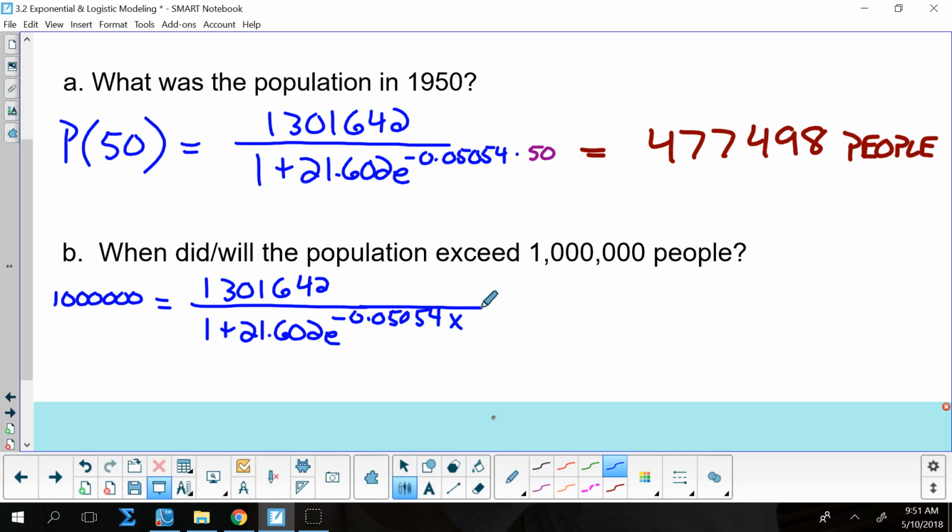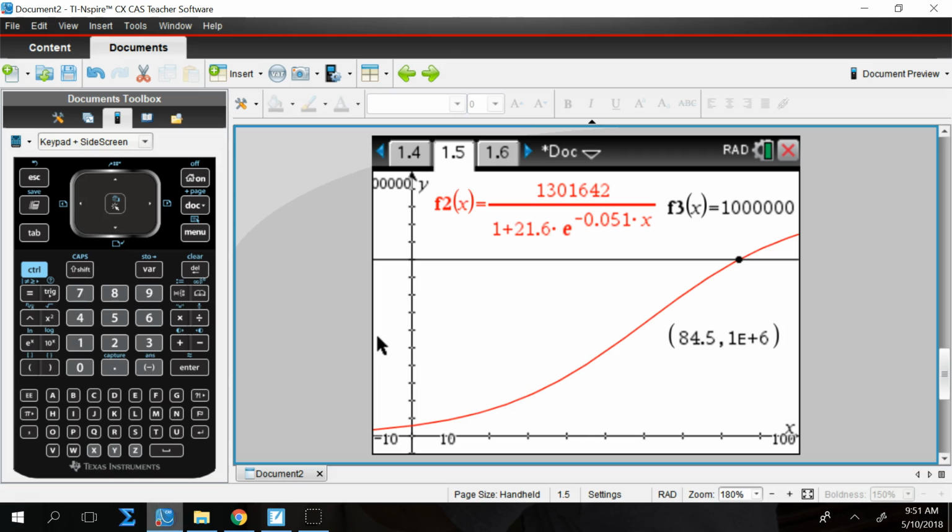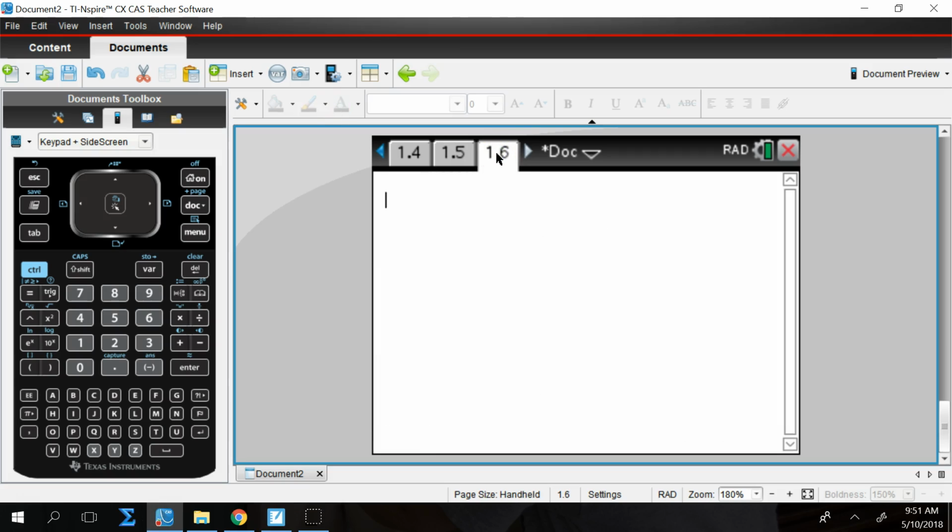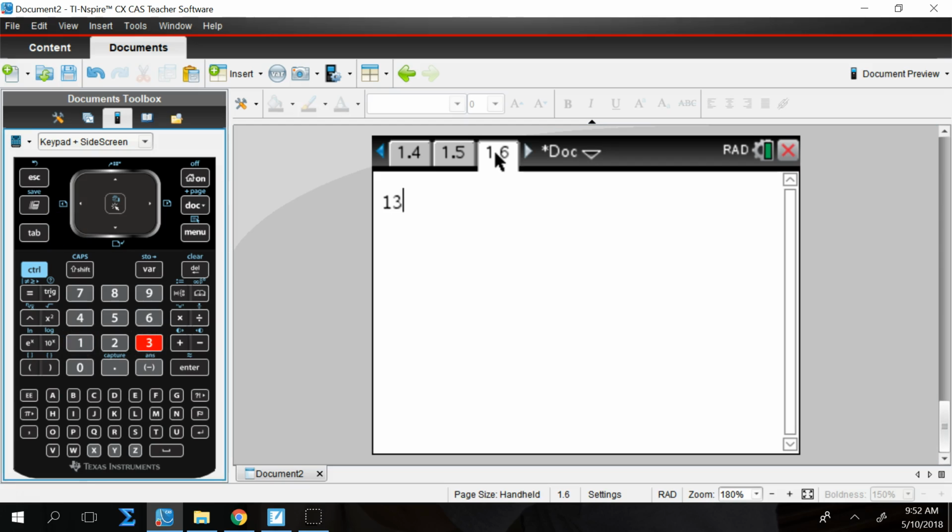Right? And we got to solve for x. So, algebraically, we would solve that, and I'm going to do this right on the calculator. So I would take 1301642, divide that by 1,000,000.